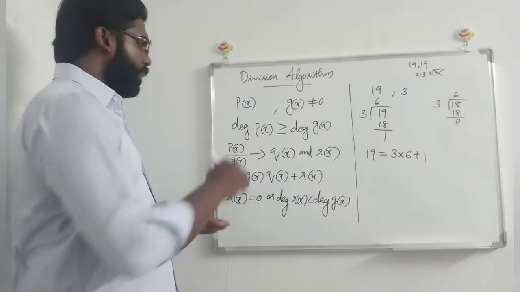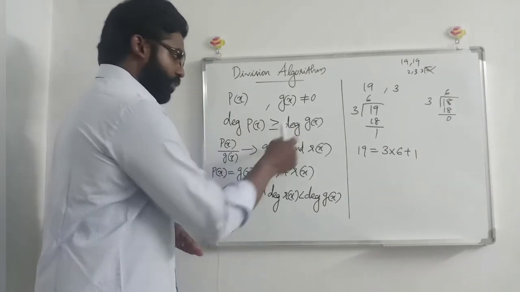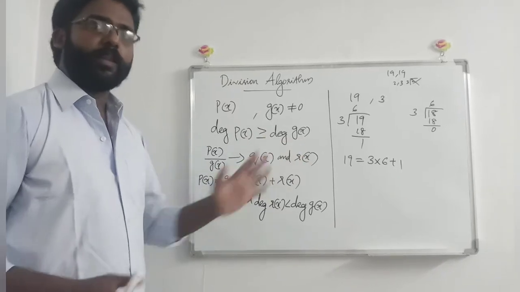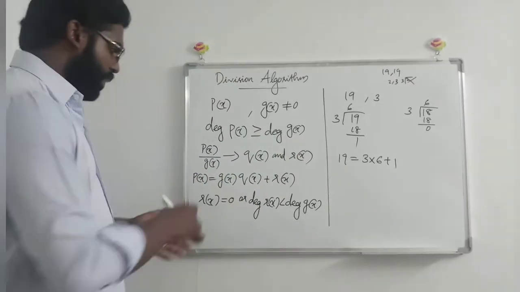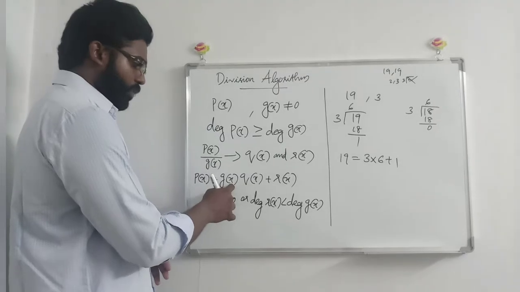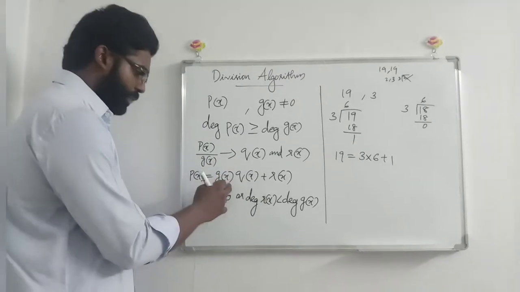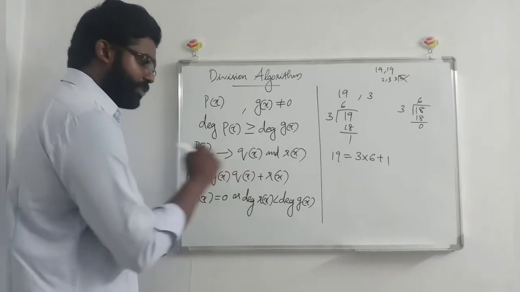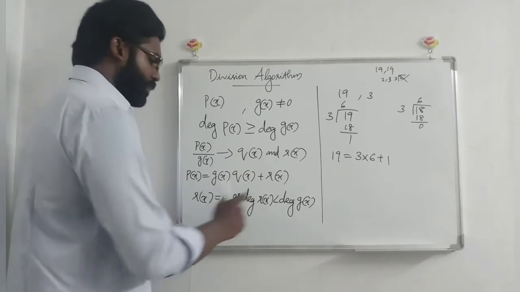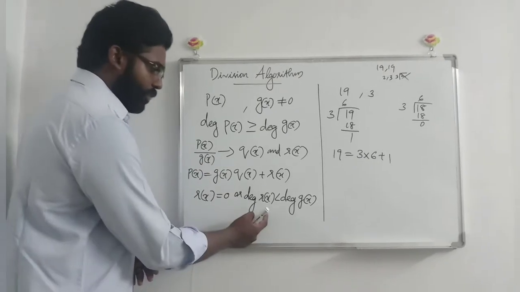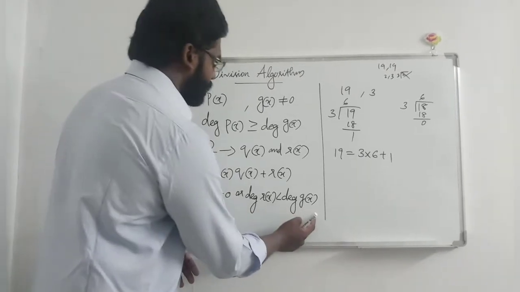When we divide P of x by G of x, we get a quotient Q of x and a remainder R of x. Then we can write P of x equals G of x into Q of x plus R of x, that is, dividend equals divisor into quotient plus remainder. And the speciality of the remainder is that sometimes the remainder may be 0, or the degree of R of x is less than the degree of G of x.